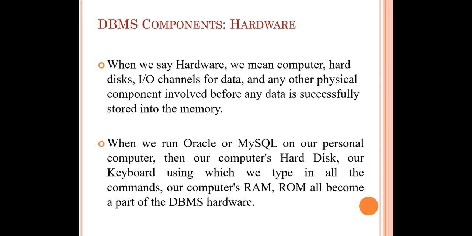Hardware is the computer or hard disk or input output channel or any other physical components involved in the DBMS storage. Here, to run Oracle or MySQL in our computer, we need a computer, hard disk, keyboard, RAM, ROM, etc. to use the DBMS software properly.